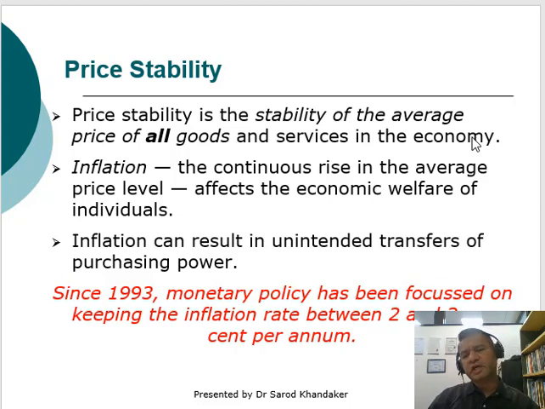When there is higher inflation, an unintended transfer of purchasing power takes place. Since Australia's inflation has been about 2 to 3% since 1993, which is a very good economic situation for the prosperity of Australia and price stability.